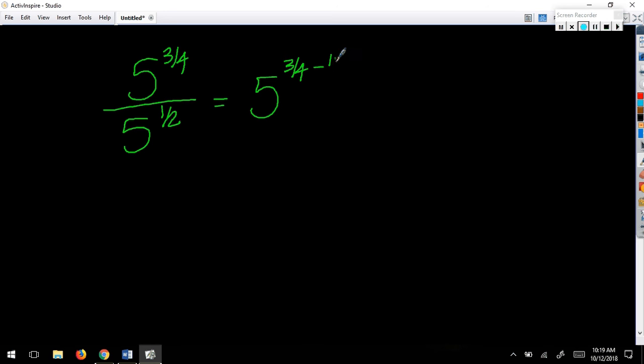Now be careful, do not divide these exponents. Remember, the base stays the same. So 3/4 minus 1/2 leaves me with 5 to the 1/4.